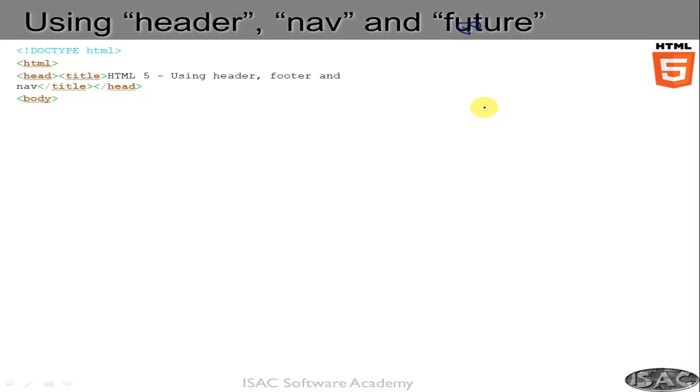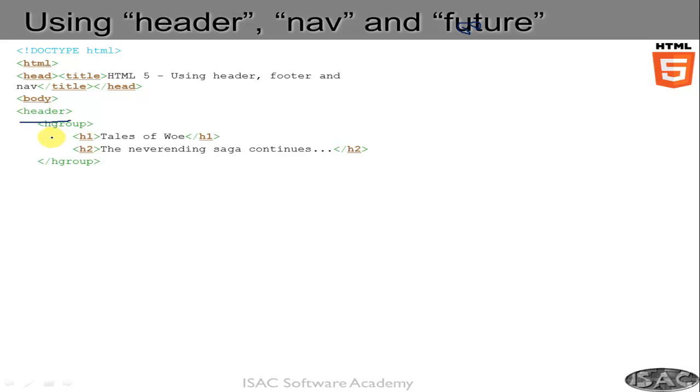And then we will start with our body. In the body, first we will declare one header tag, and then we will start an hgroup to organize our first header called Tales of O, another H2 level text called the Never Ending Saga, something like that, and then we will close this hgroup. So inside header I have created one header.